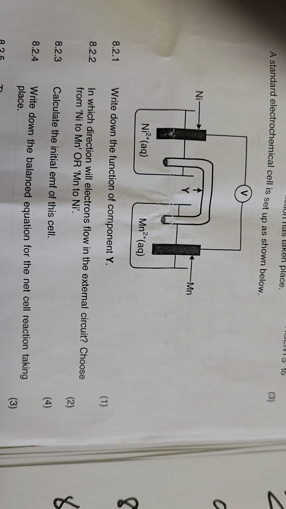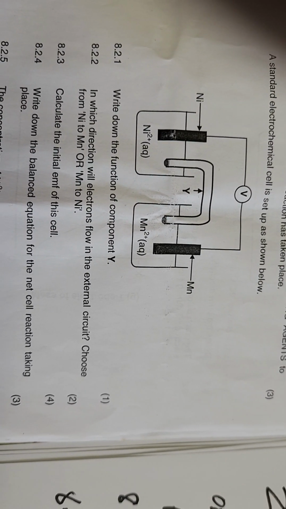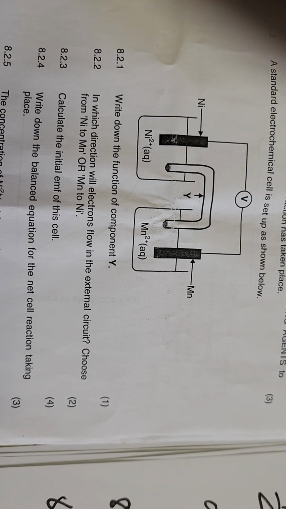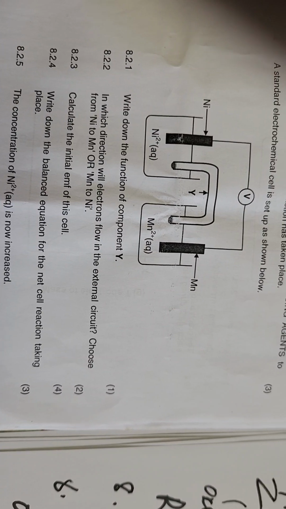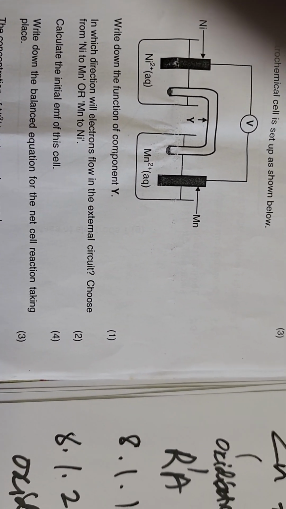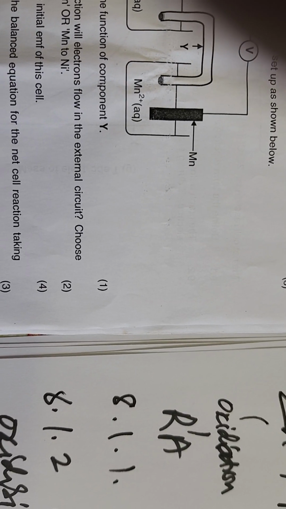First, in the cell you write next to nickel and next to Mn. You go to the table and check the electrode potential of nickel, because that will determine whether it will be oxidized or reduced.